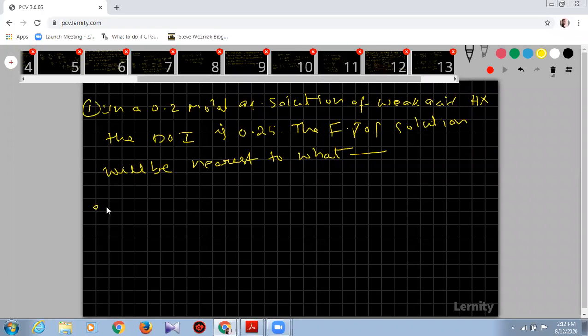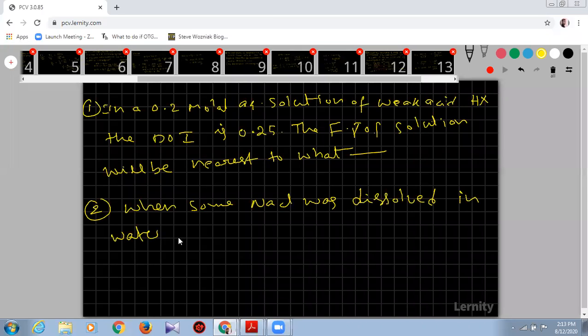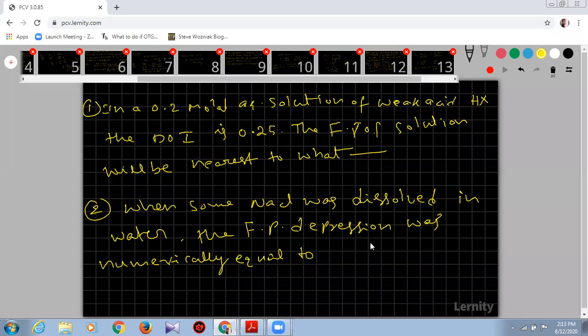Next, second question. When some NaCl was dissolved in water, the freezing point depression was numerically equal to twice the molar depression constant.